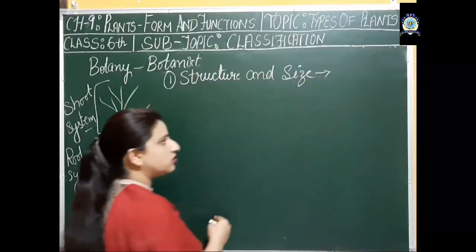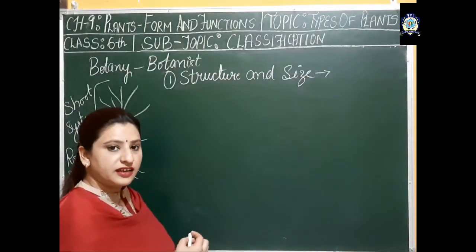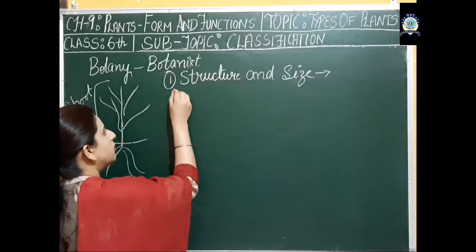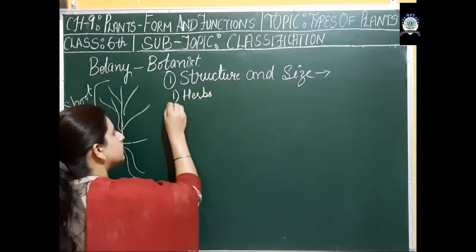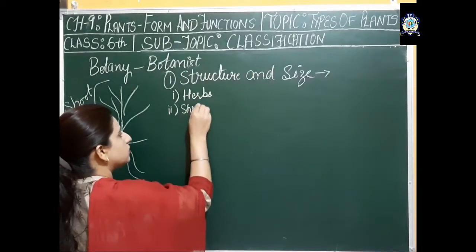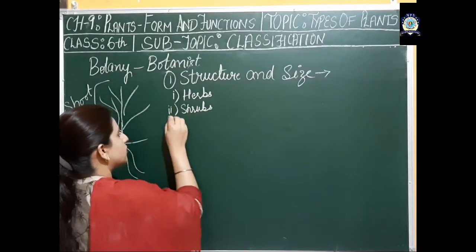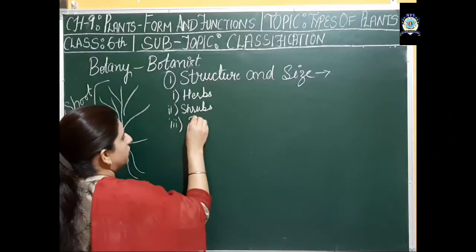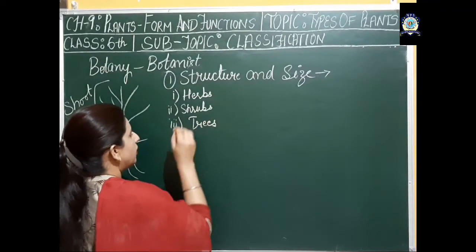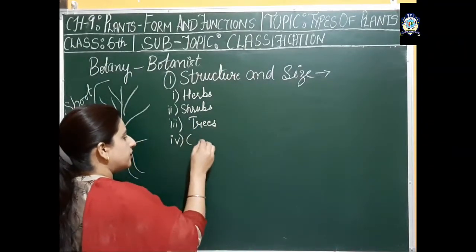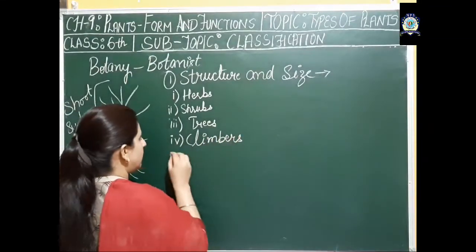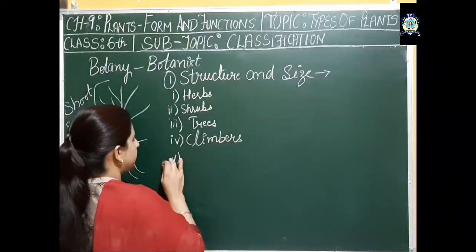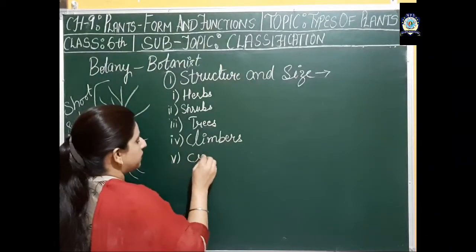On the basis of structure and size, the plants are categorized as follows: herbs, shrubs, trees, and two more, climbers, and the fifth one is creepers.